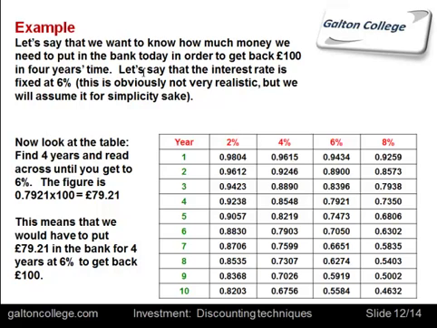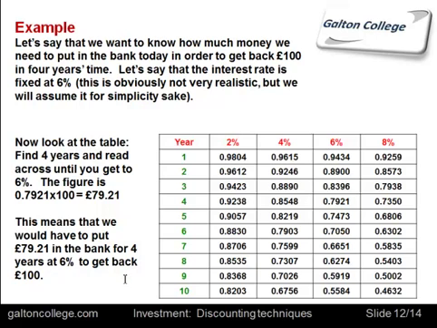Look at the table. First of all, we're going to have £100 for 4 years, so we'll go 4 years, it's £100, and the interest rate is 6%, so it's over here, 0.7921. So you multiply 0.7921 times the 100, which is £79.21. This means that we would have to put £79.21 in the bank for 4 years at 6% to get back £100.